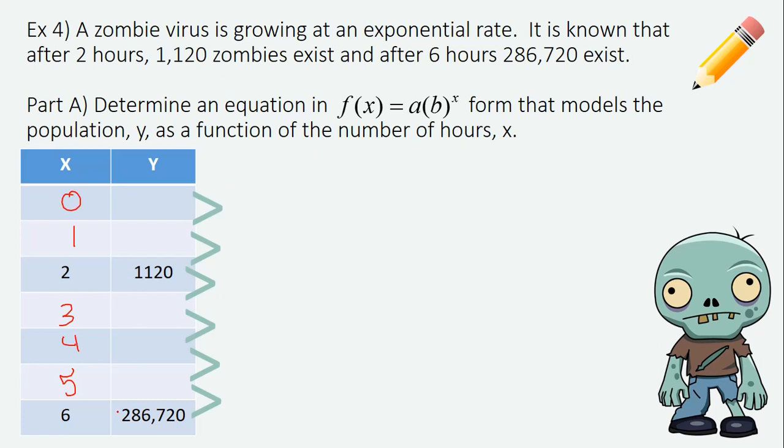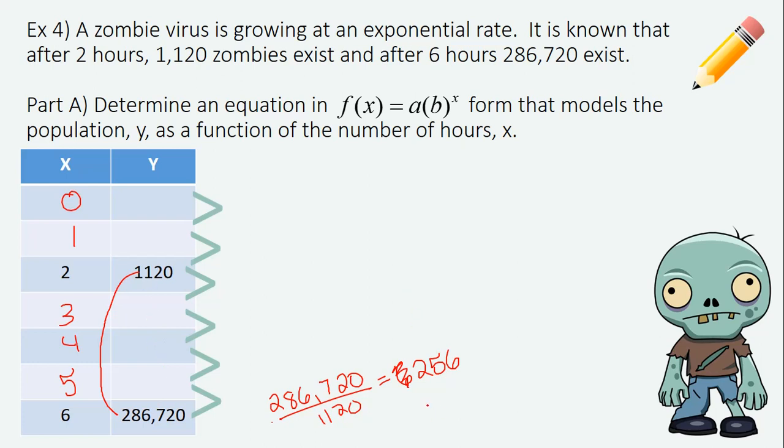So first thing I do is I go 286,720 divided by 1120. And I get that that is 256. So now, how am I going to find the repeated value? Well, I know I'm repeating by the same amount, but I am repeating that multiplication between these two 1, 2, 3, 4 times, right?